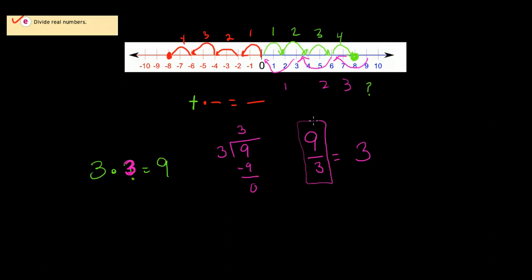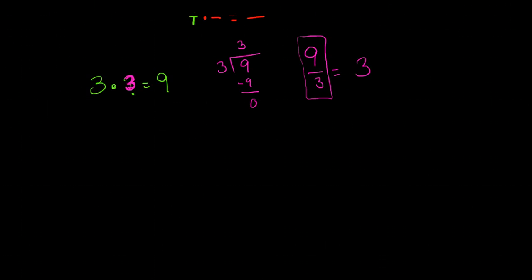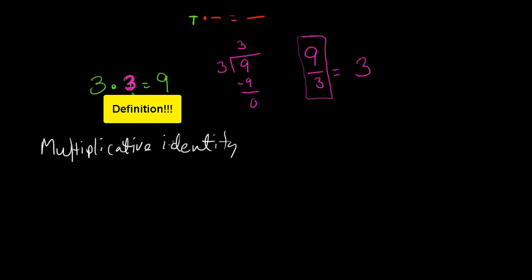Now, when we're dividing and when we're multiplying, there's a very special relationship we need to pay attention to. And that relationship is called our multiplicative identity. Now, if you recall from a previous video, the additive identity was 0.